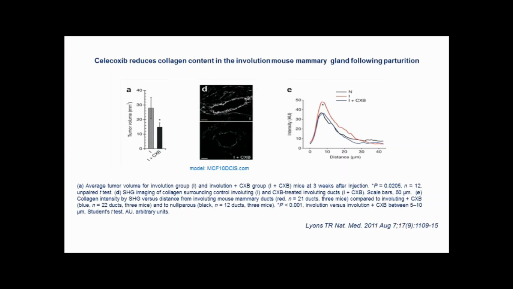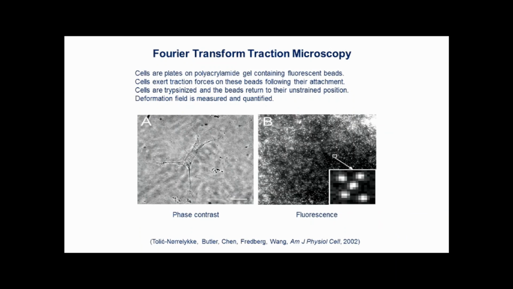And then of course the group from Patricia Keely have also shown that treating tumors with a COX-2 inhibitor decreases collagen content in these tumors. Additionally, what you can use imaging for is also looking at single cells. This is a concept of mechanical molecular imaging, where you can look at the mechanical properties of tumor cells following interventions.